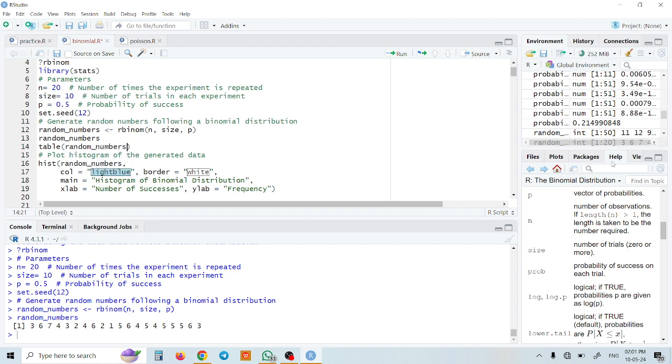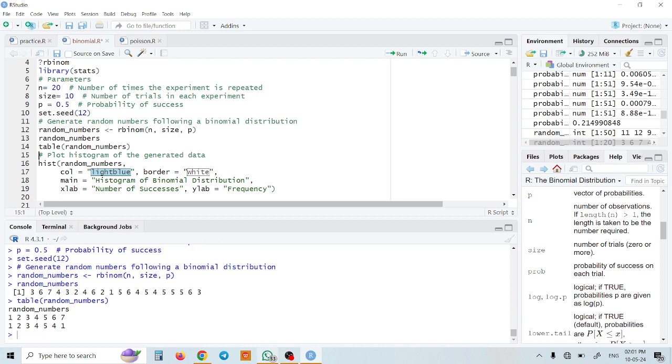Then we will see how many times the values were repeated. 1 came 1 time, 2 came 2 times, 3, 4, 5, 6 came 4 times, 7 came 1 time, right? So this is the frequency table.